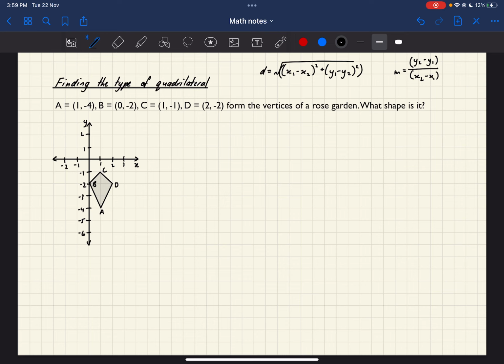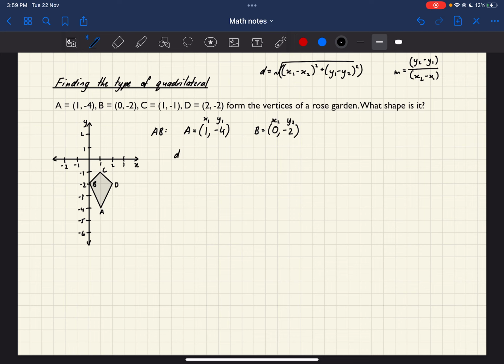Okay, so we start off with finding the distance and gradient of each of our lines. So our first line is AB, where A is (1, -4) and B is (0, -2). We always label our coordinates so that we can then apply them in these formulas.